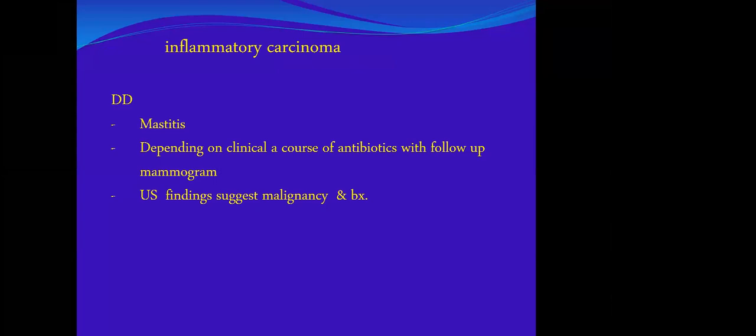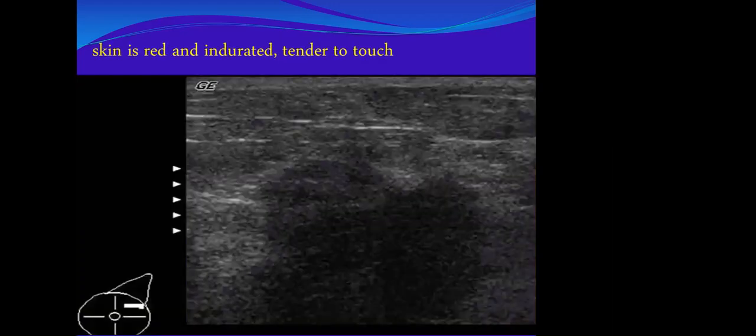Depending on the clinical history, the patient receives antibiotics and a follow-up mammogram. Ultrasound guided biopsy revealed malignancy. Sometimes malignancy is associated with superadded infection, and rarely malignancy can present as an infection and even an abscess. I have one patient, I'll try to find it from my collection.